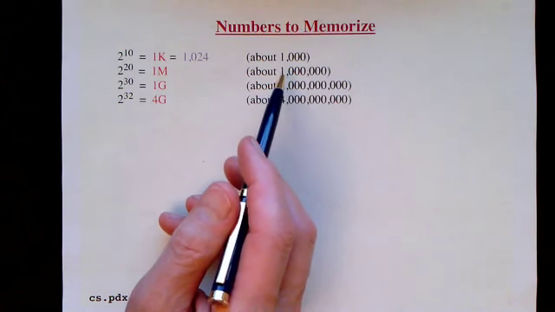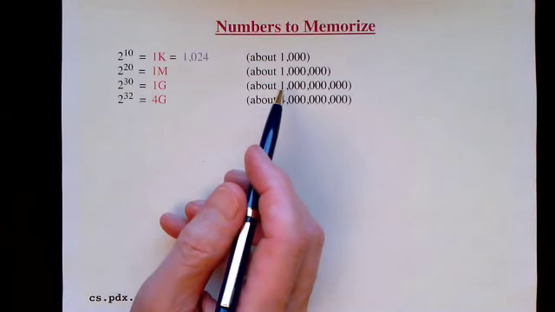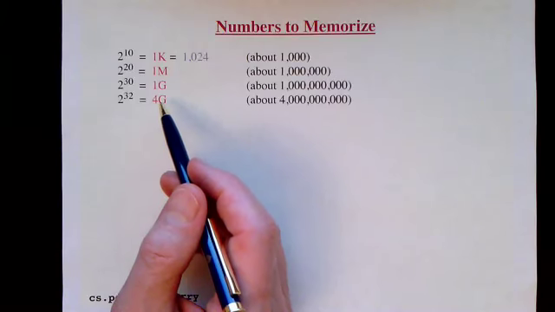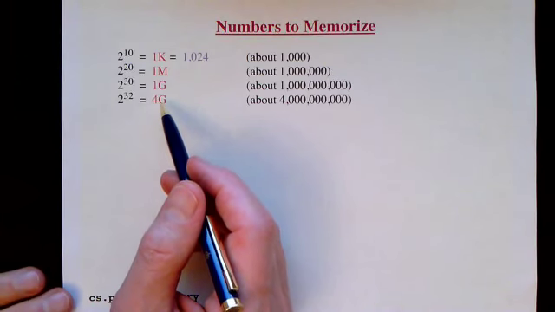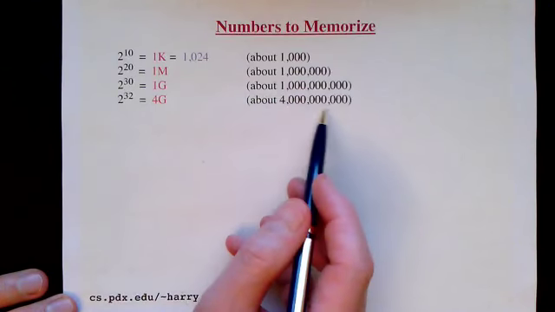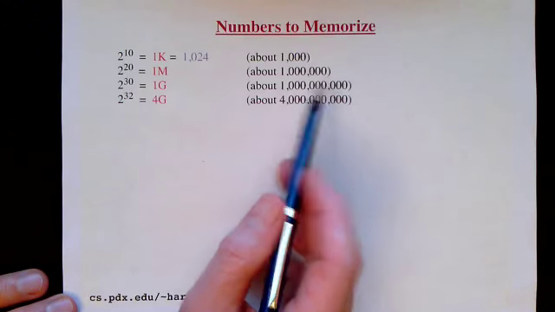It's actually a little bit more than 1,000,000 bytes. 1 gigabyte is about 1 billion bytes, but it's actually a little bit more than 1 billion. And 2 to the 32nd power is 4 gigabytes, or 4 gig, and that is approximately 4 billion, but as we saw before, it's a little bit more.